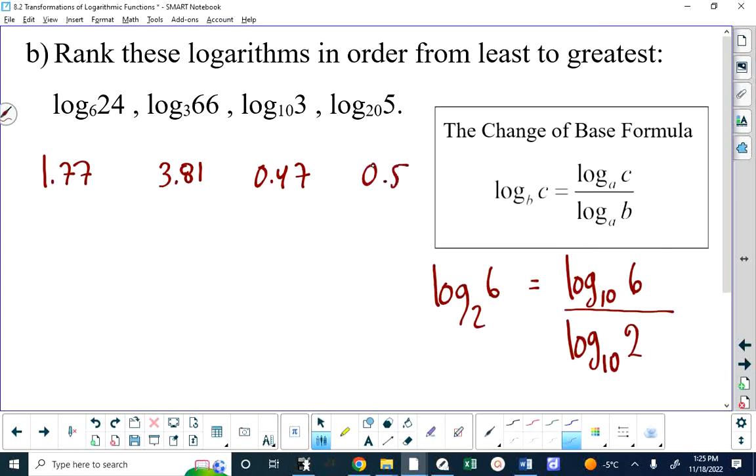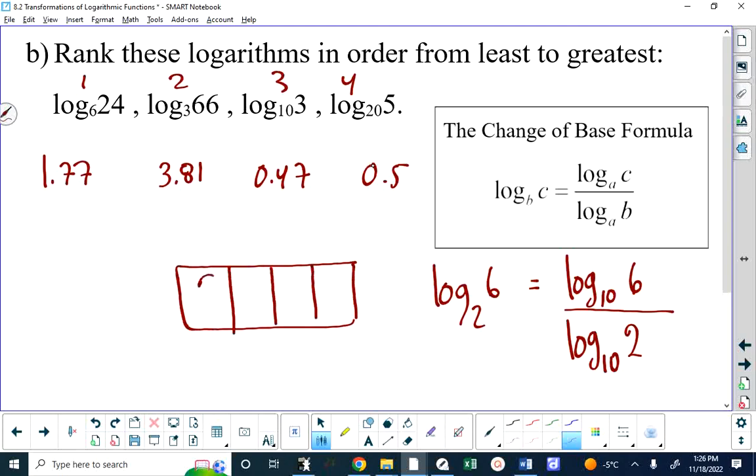So you can put these in order from least to greatest. How this would be on an exam is you would have these labeled as 1, 2, 3, 4, and it would be a numerical response question. So you would put 3 first, then 4, then 1, then 2. Are you with me on that?